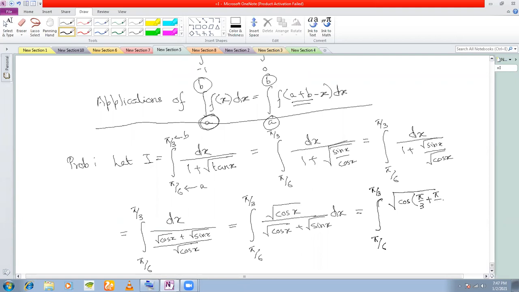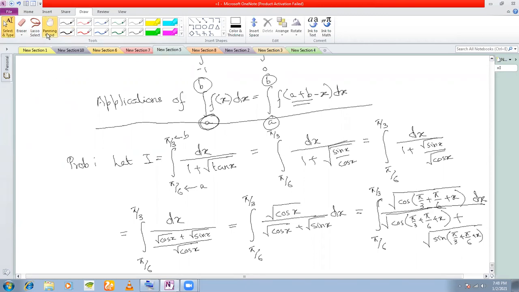Pi by 3 plus pi by 6 plus x, divided by root cos of pi by 3 plus pi by 6 plus x, and you have plus root over of sine also, sine of pi by 3 plus pi by 6 plus x, right? dx.